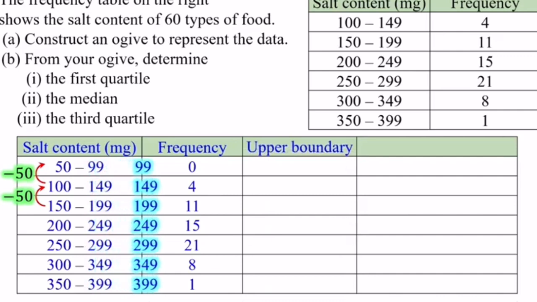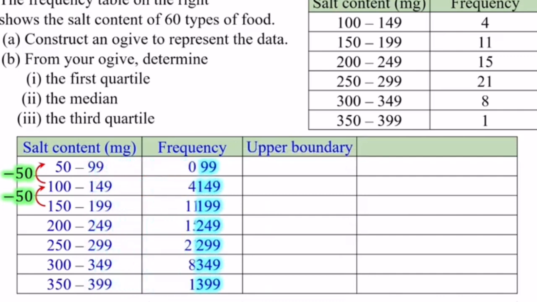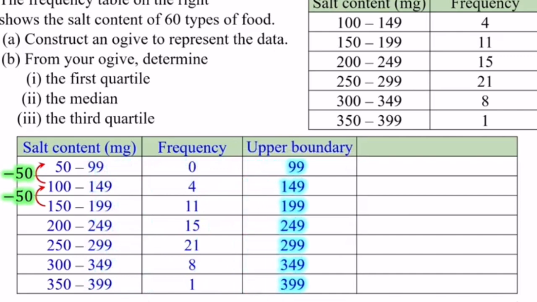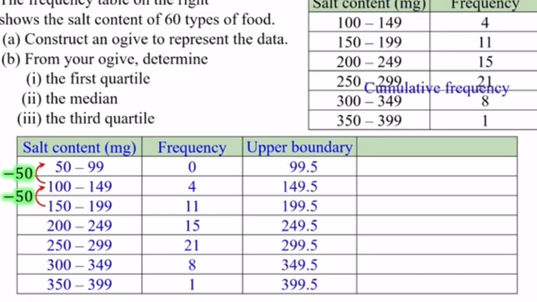We will copy the upper limit, and then we know that 99 to 100 the difference is 1, so we divide by 2, so it's 0.5. So we add 99 with 0.5, and we get the upper boundary 99.5. For the next upper boundary, you just add 50 each time until the last one is 399.5. And then we will add up the cumulative frequency.